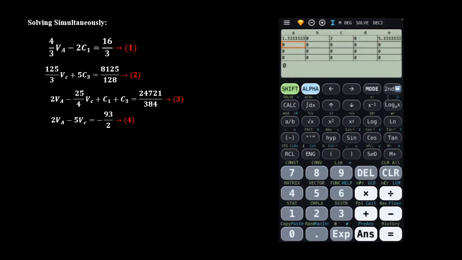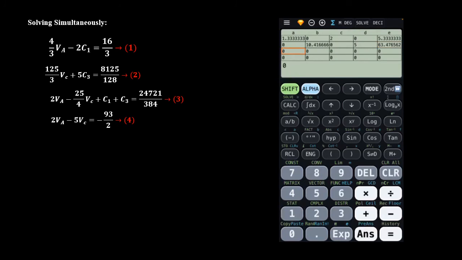Next is, for the second equation, we don't have VA, and then 125 over 12 VC, and then we don't have C1, and then positive 5C3, equals 8 to 1 to 5 over 128.